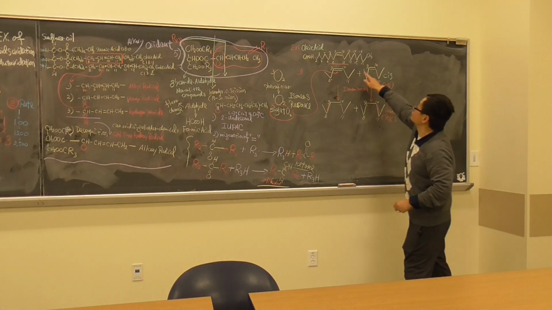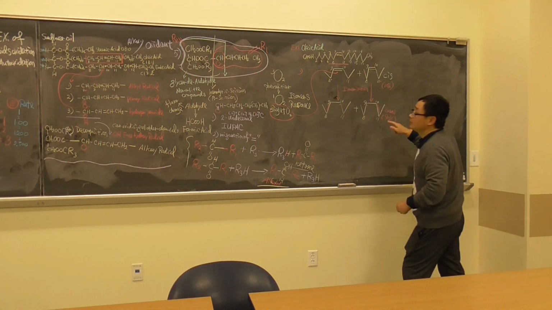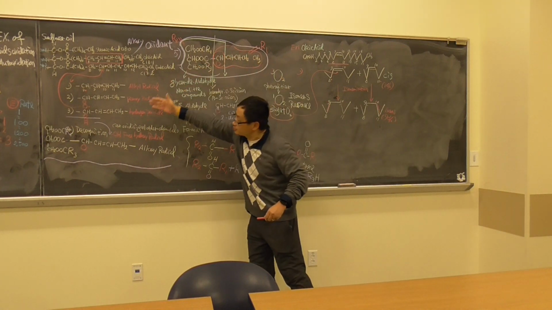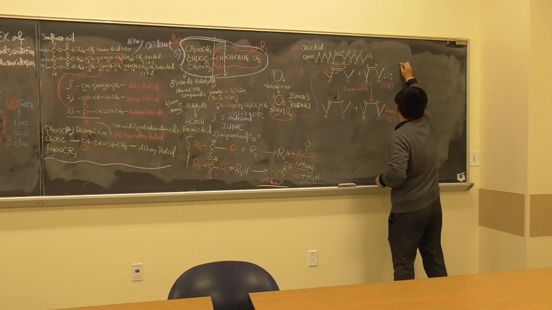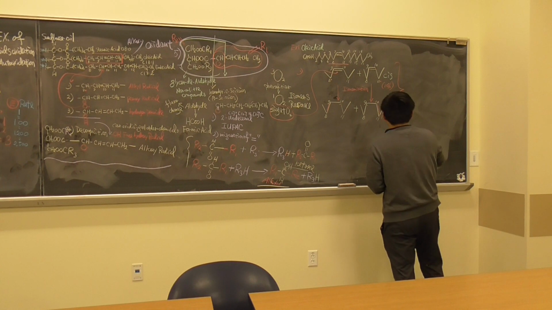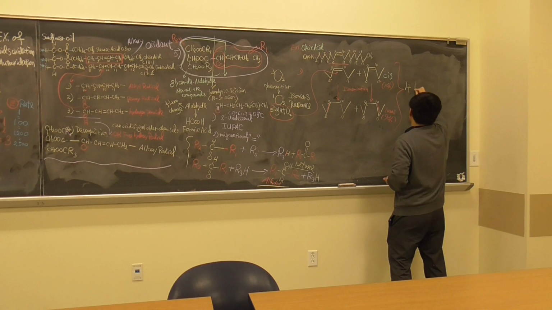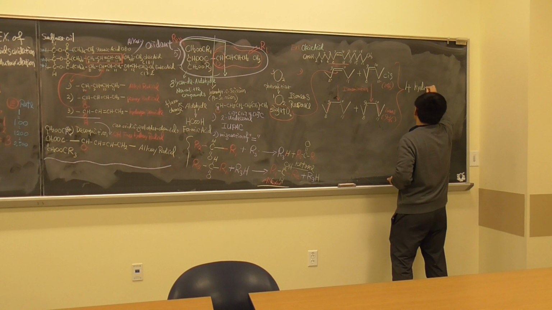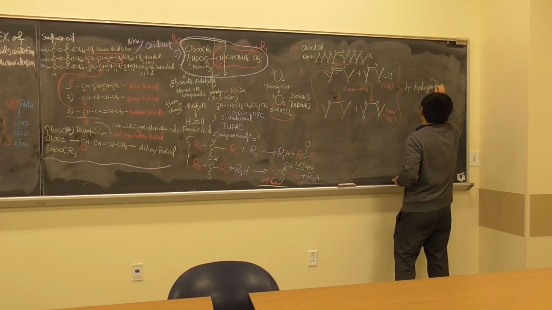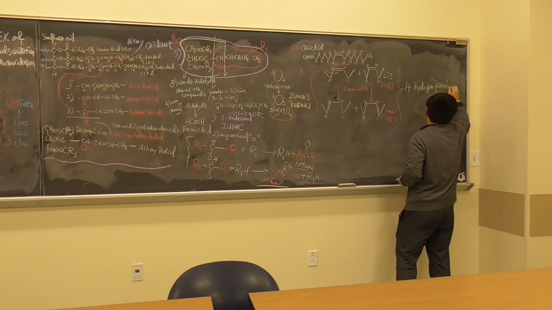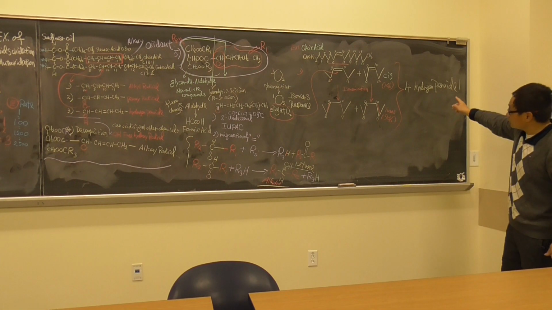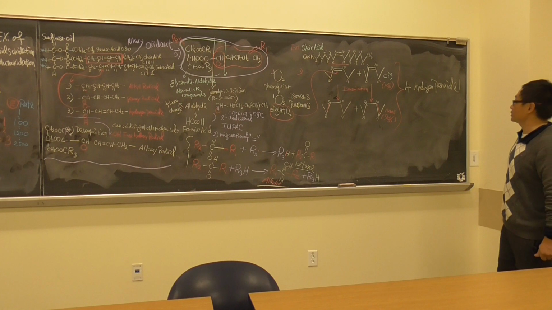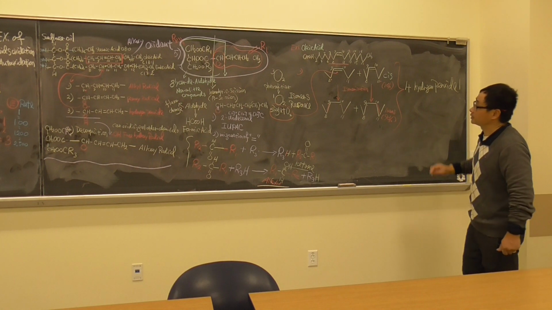And these 4 will go through all this process again. So at the end of the day, you will generate 4 hydrogen peroxides. That's what happens. The 4 hydrogen peroxides will be generated.